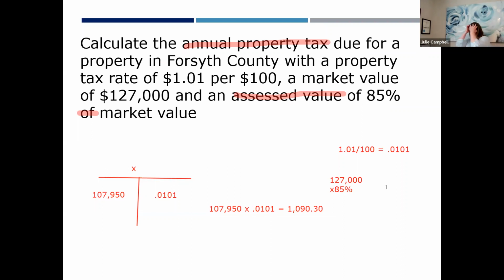Questions on what we did? We have our $1,090.30. Go back and reread that the problem is asking for the annual property taxes. So we know we're good.